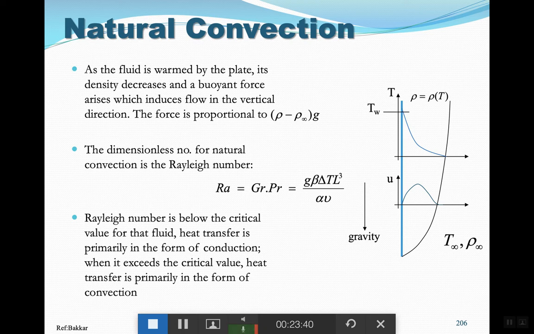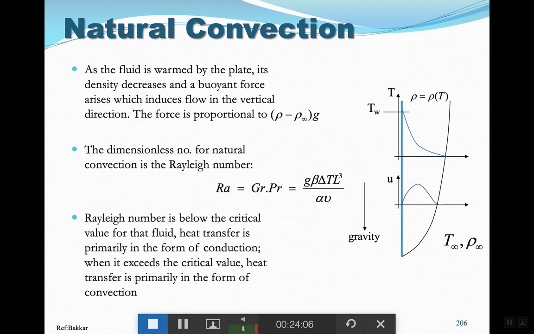You will go about calculating the Rayleigh number if you only have conduction and natural convection. Now, if the Rayleigh number is below a critical value for your fluid, heat transfer is primarily in the form of conduction, and when it exceeds that critical value, heat transfer is primarily in the form of convection.